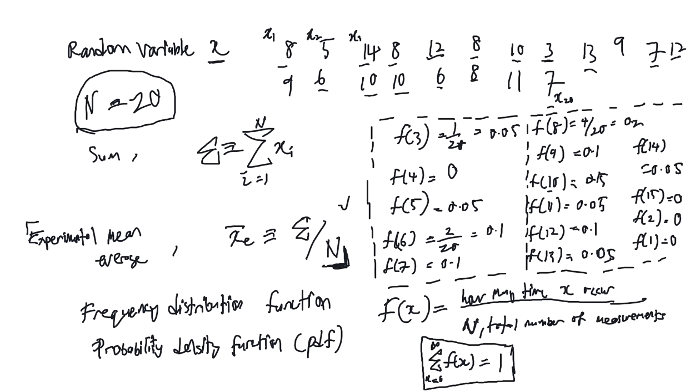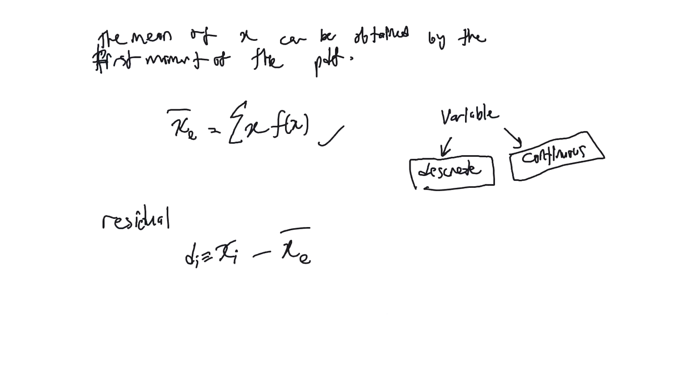In reality that can never be achieved, but theoretically, with the theoretical mean, you can define deviation.